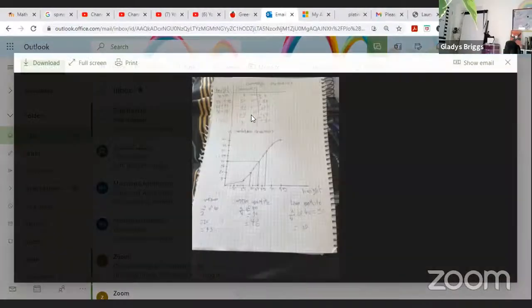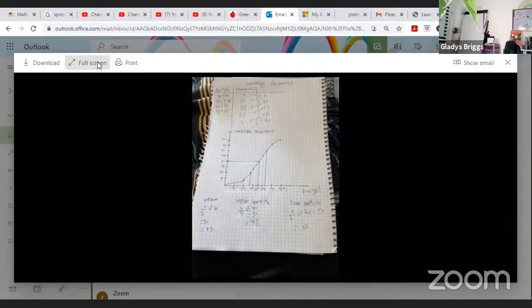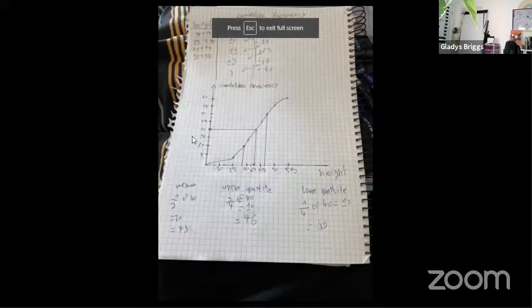Zane. Let's see yours. Okay, so again, the same problem of not using graph paper, but also I cannot see your information coming from this side.